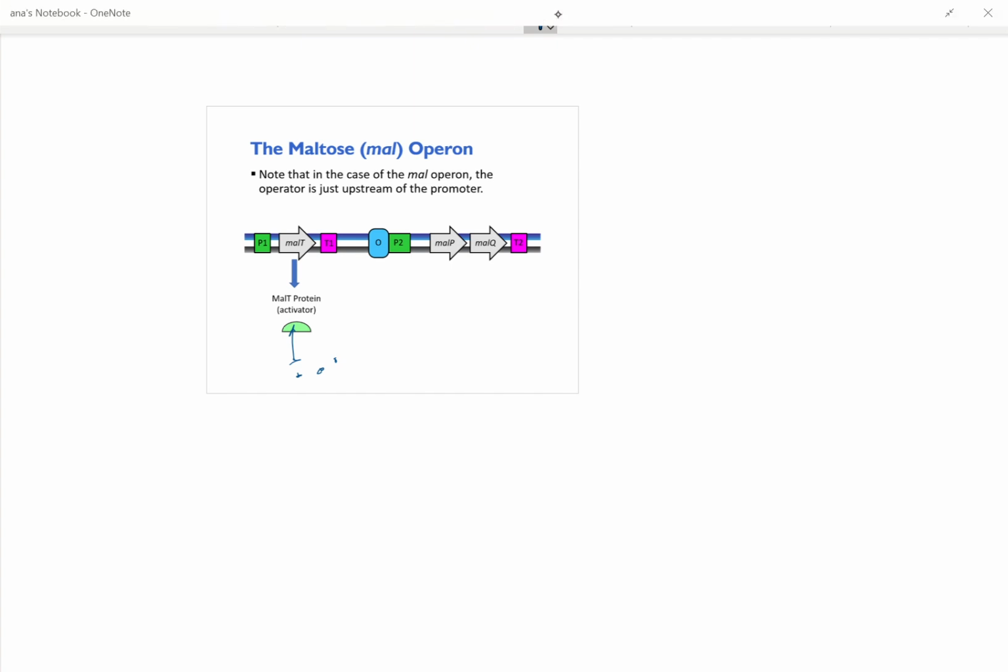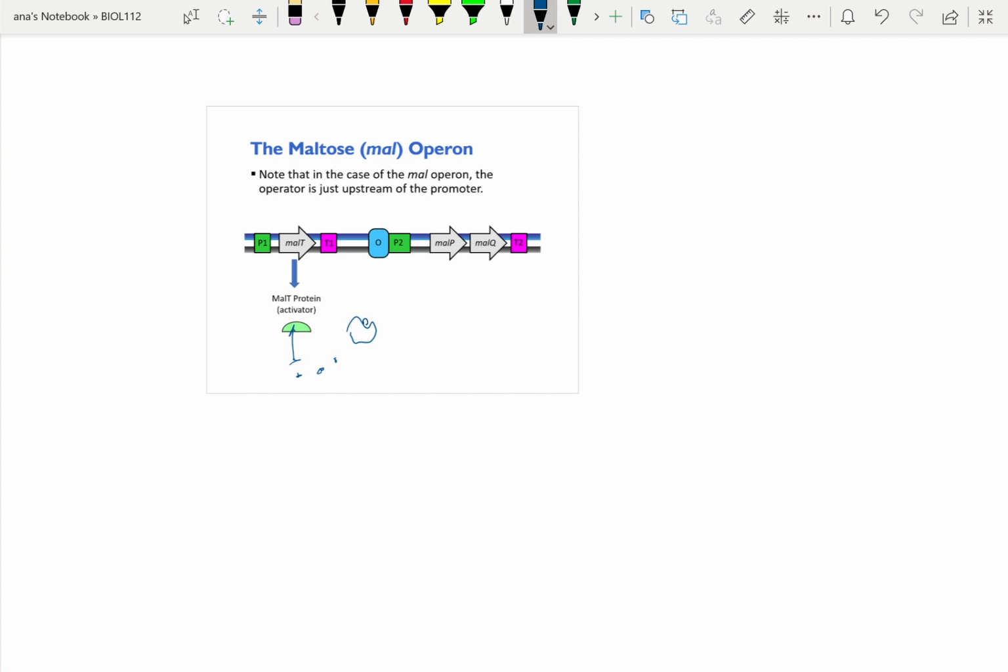So once we have the MAL-T form with maltose bound, it can bind the operator, and what it does is turn promoter 2 into a stronger promoter, so that RNA polymerase can be recruited more easily. Hopefully that gives an idea of what's going on.